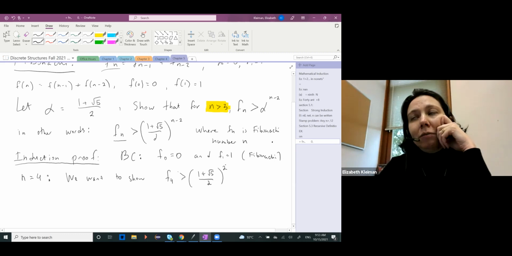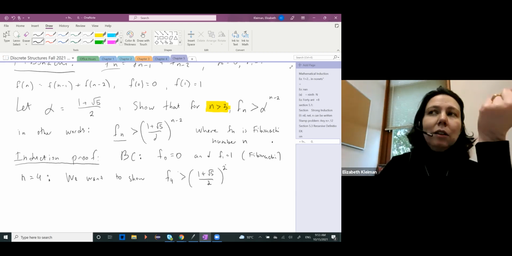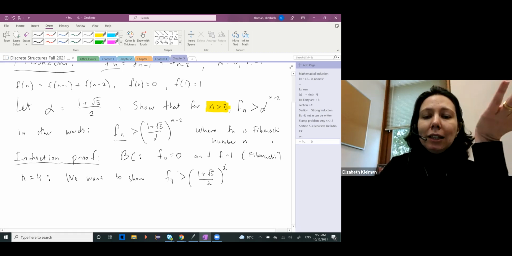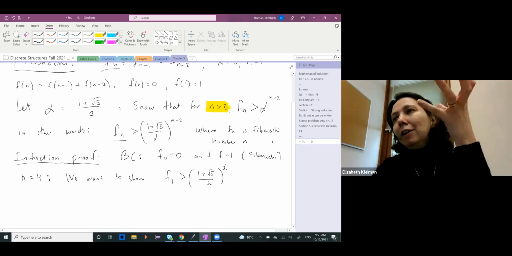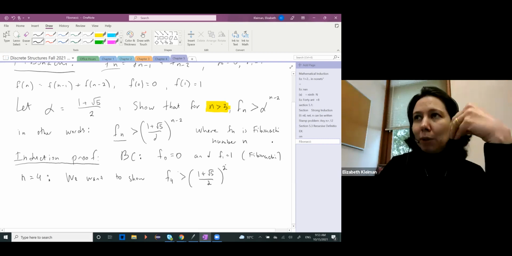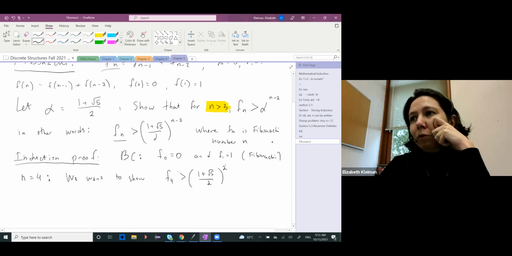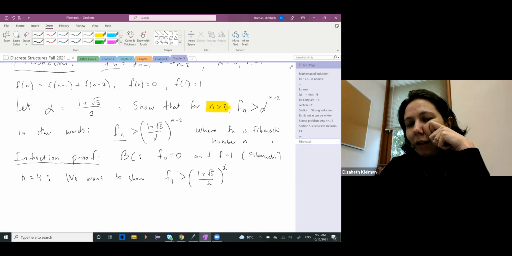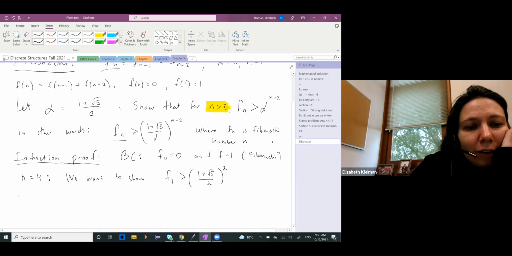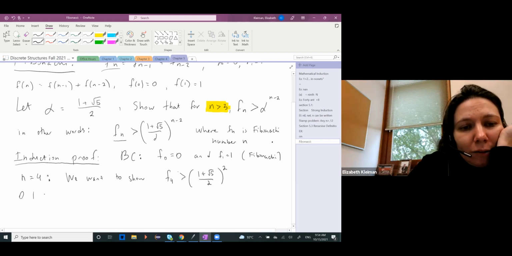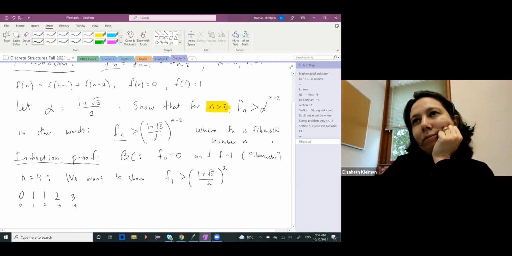That's what we want to see. Okay? So in order to do it, can I just leave it like that? No. I really need to use the Fibonacci numbers, correct? So I really need to know what Fibonacci number 4 is. So let's calculate. So we have 0, 1, 1, 2, 3. Fibonacci number 0, 1, 2, 3, 4, correct? Yes?